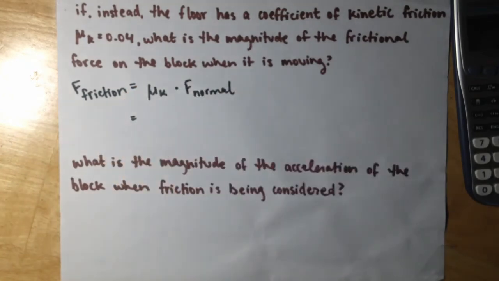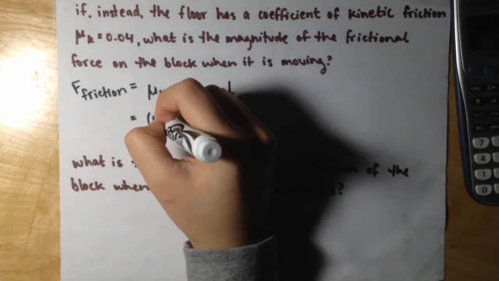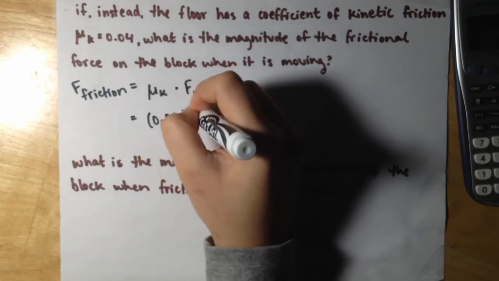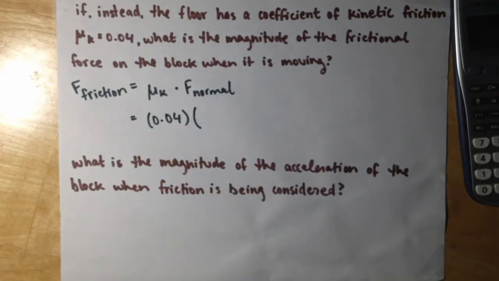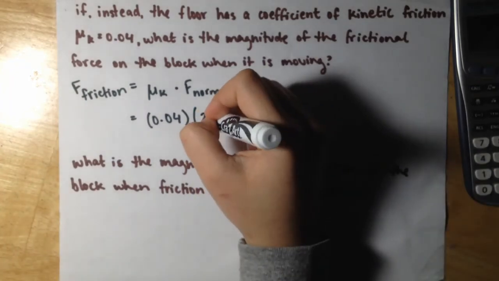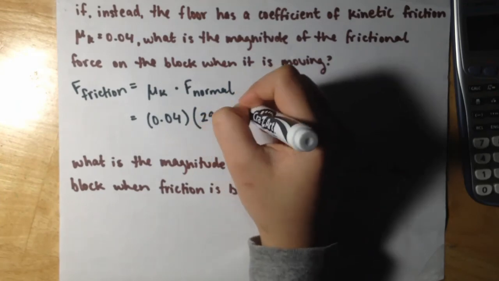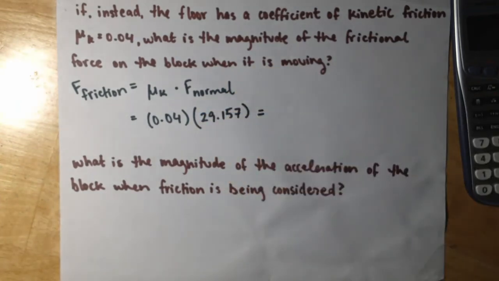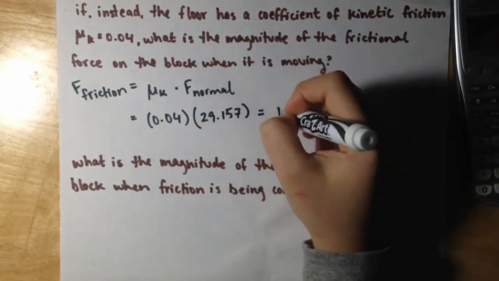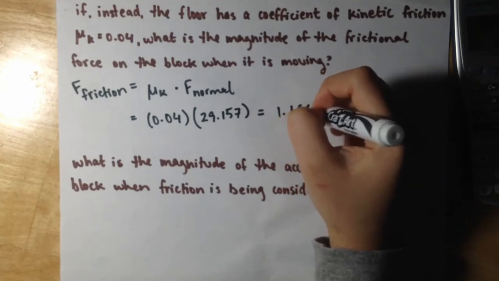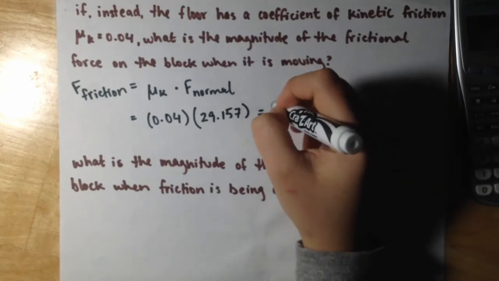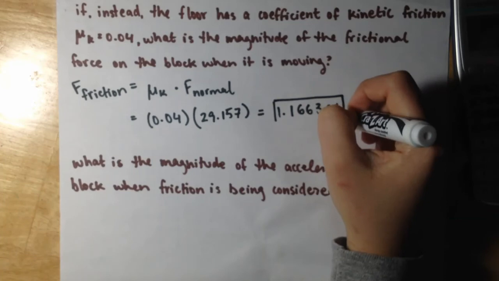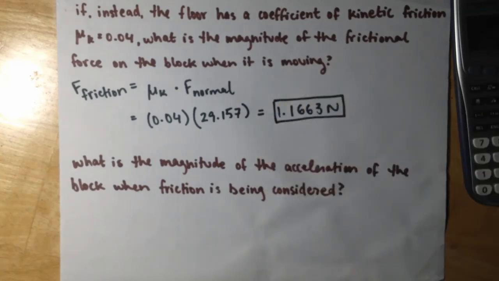The coefficient of kinetic friction from the problem is 0.04, and the normal force we figured out in the last problem to be 29.157 newtons. We can just multiply that in the calculator to get 1.1663 newtons as the frictional force acting on this block.